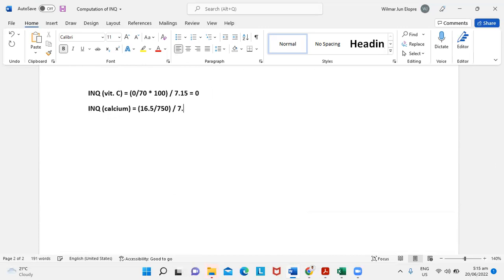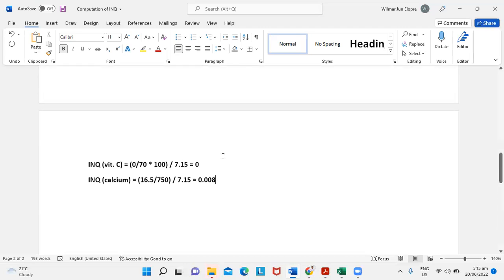Again, divide ra nato sa 7.15 kay same raman na sila. 16.5 divided by 750. Okay, divided by 7.15. So that's pila. 0.08. Yeah. Gamay ang iyang INQ, which is very, very low. Okay.